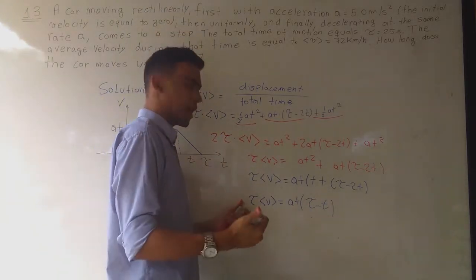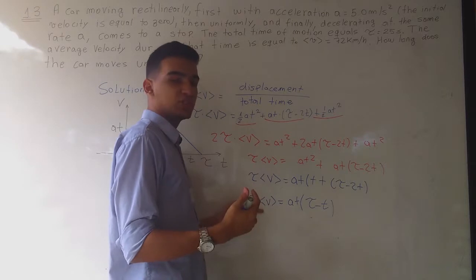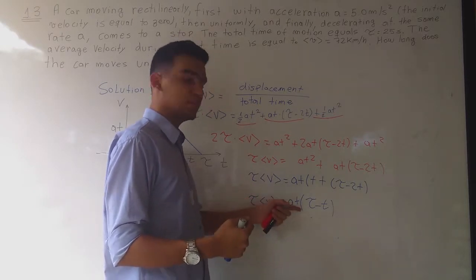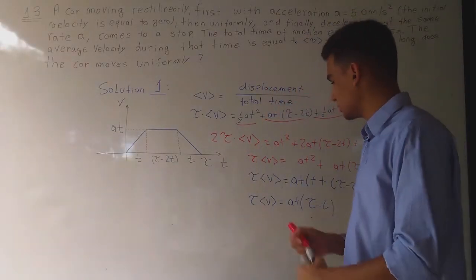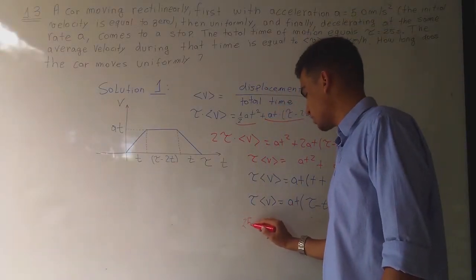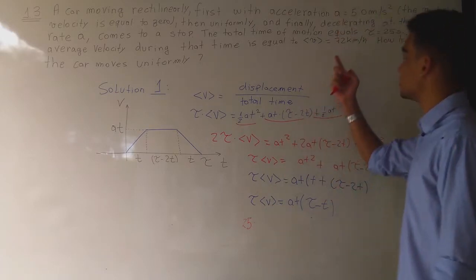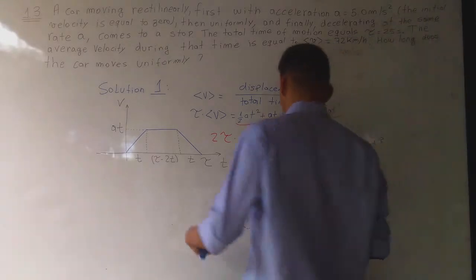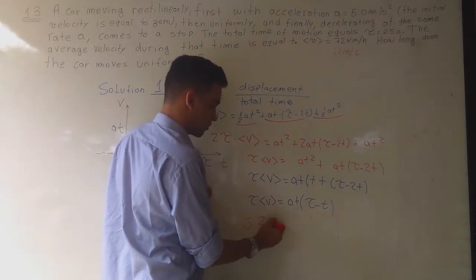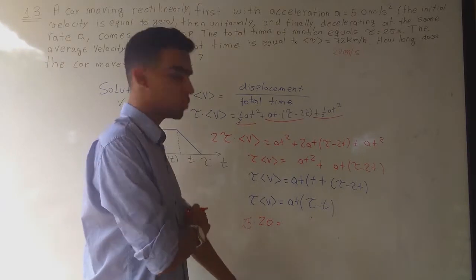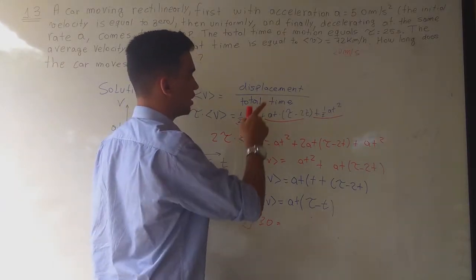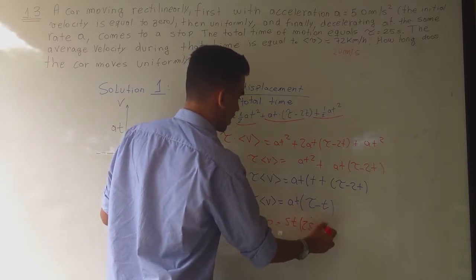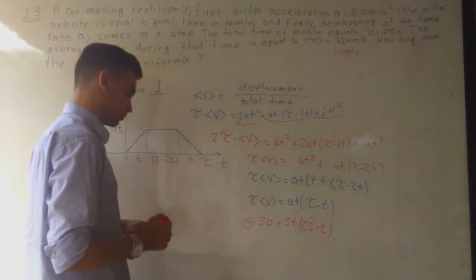So we have tau, we have average velocity, we have a, and we want to find t. So tau equals 25 seconds, average v is 20 meters per second, so here is 20. This is equal to at, where a is equal to 5, times 25 minus t.